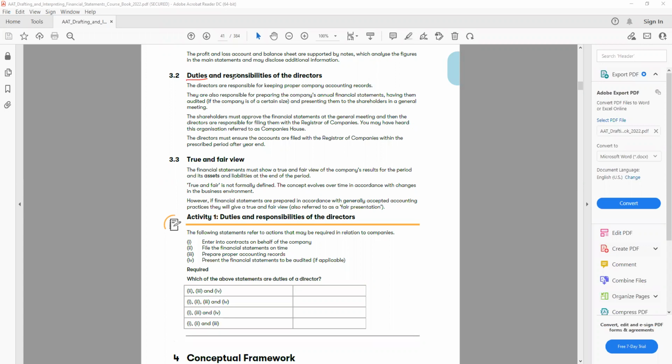Now, duties and responsibilities of the director. The director has all the responsibility except to enter into any contract on behalf of the company.